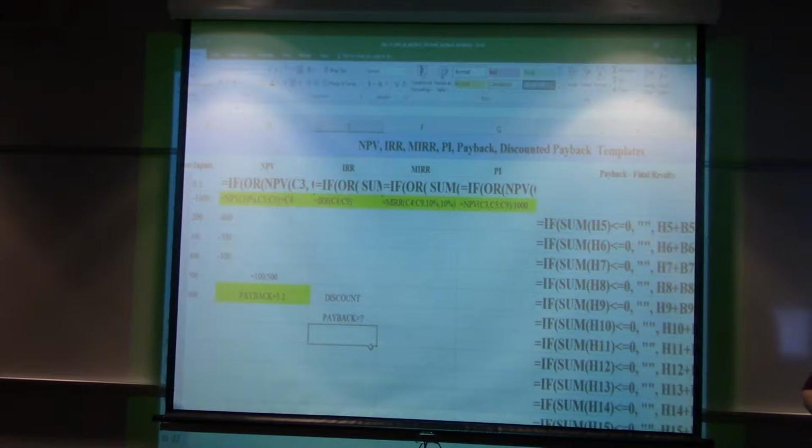So anybody got the discount payback? I'll leave it to you guys to figure out. Anybody got 3.79 something for the discount payback? You guys did it? Got it?